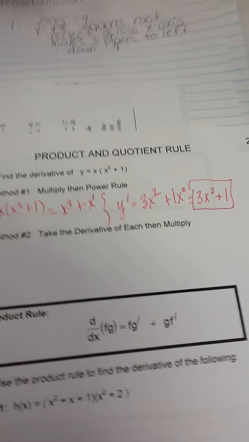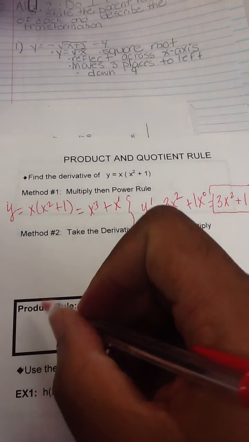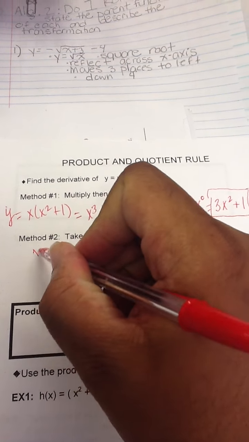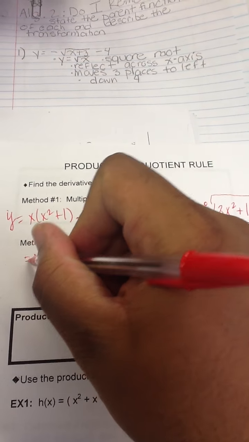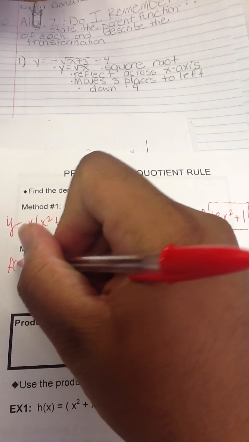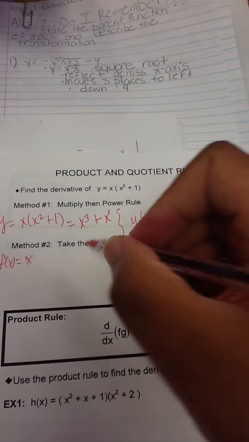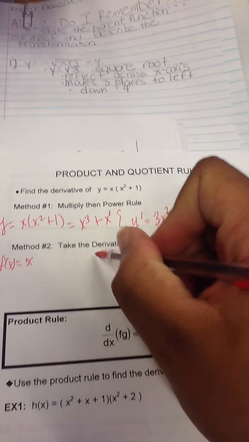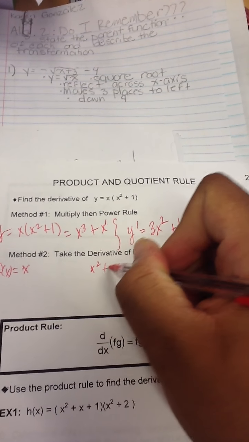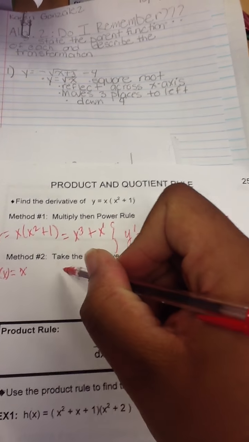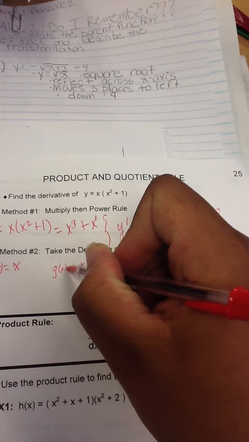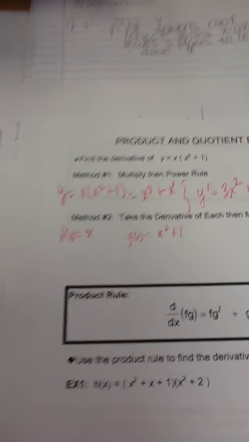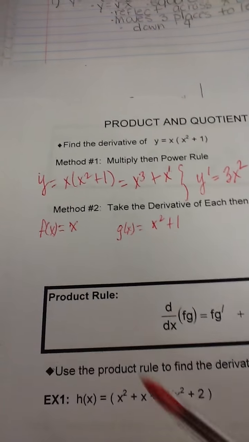So if I call x the function 1, let's just call it f of x, and let's call x squared plus 1 the second function, g of x, and take the derivative separately.